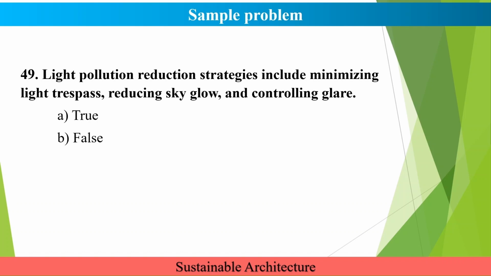Light pollution reduction strategies include minimizing light trespass, reducing sky glow, and controlling glare. Is it true or false?